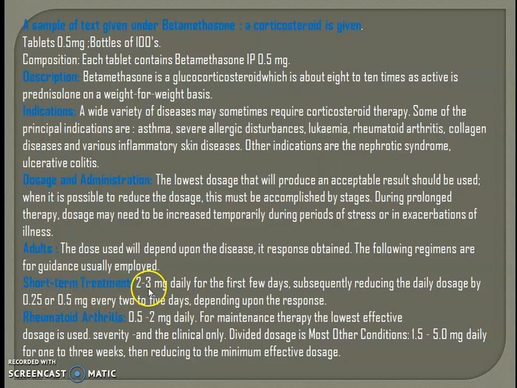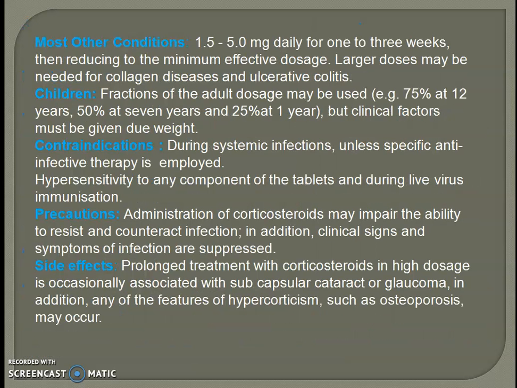The dose given is 2 to 3 milligram. For the treatment of arthritis, 0.5 to 2 milligram daily. Then for most other conditions, 1.5 to 5 milligram daily for 1 to 3 weeks. Then for children, a fraction of the adult dose may be used.